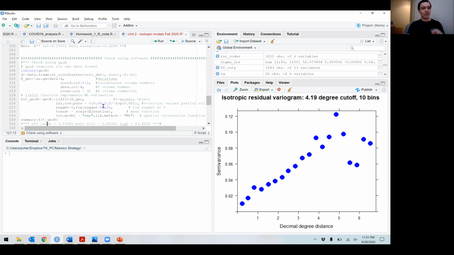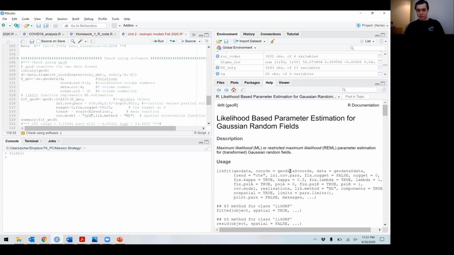So I will continue estimating the nugget effect. What if we now change the correlation function to, for example, spherical? By the way, if you would like to see what other correlation functions are available to us, you just look up this R package, and we have to go down to the cov model.